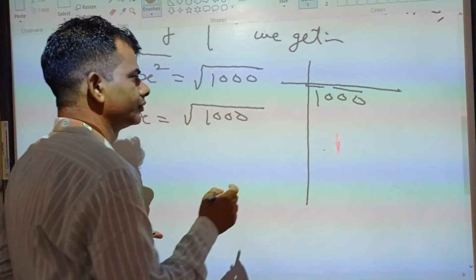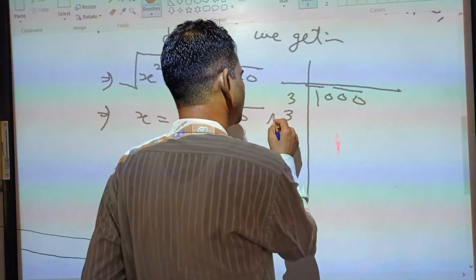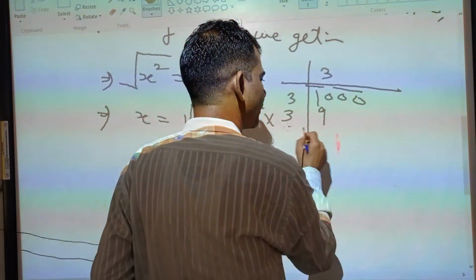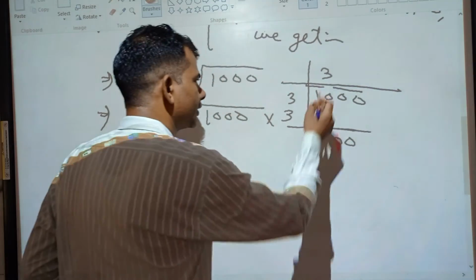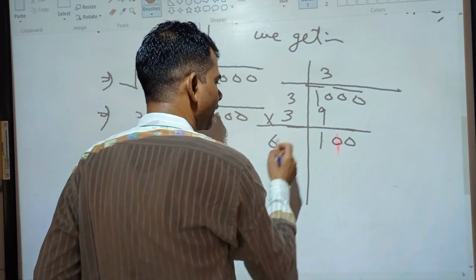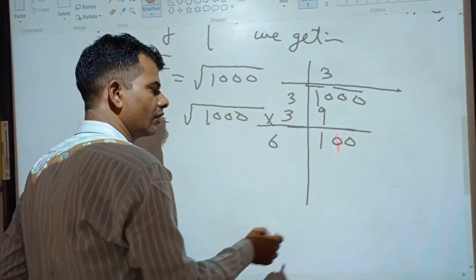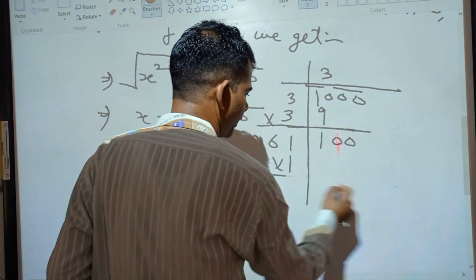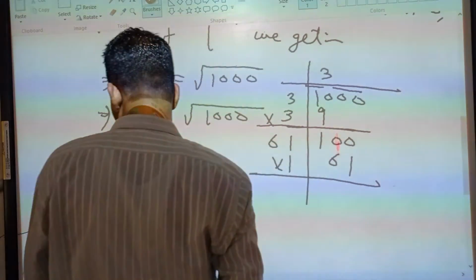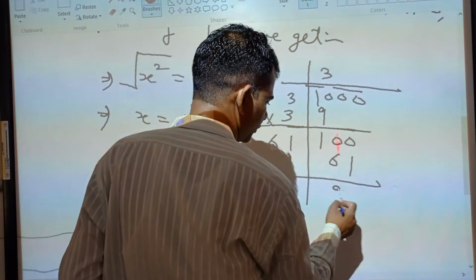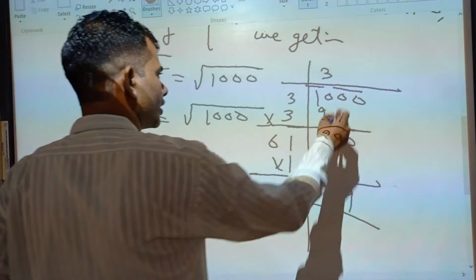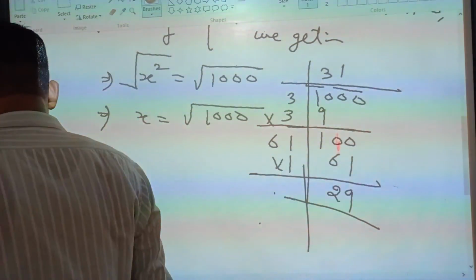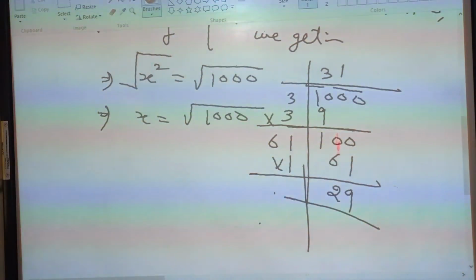9, 1 is remainder. Next pairing is 00. 3 2s are 6, and 6 1s are 61, and it becomes 29. That is 31. How many plants we will add to this to make it a perfect square number?